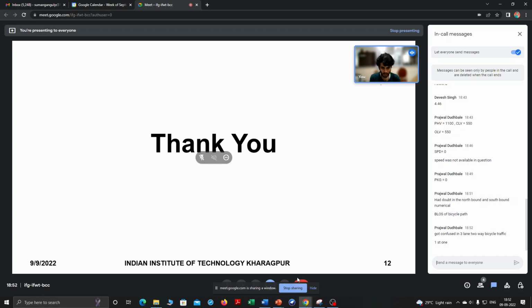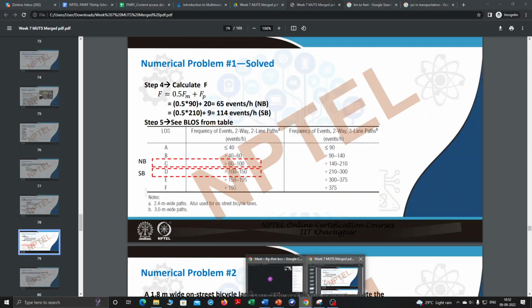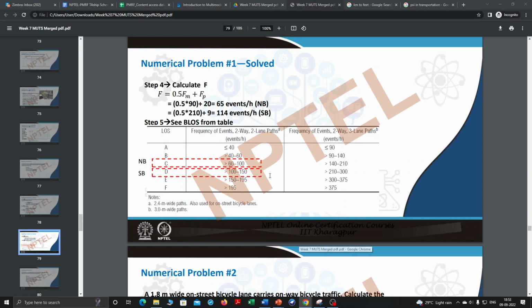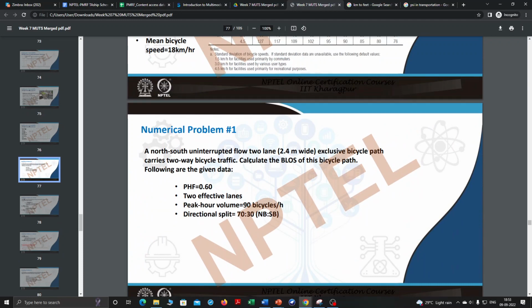Okay. Let me just stop sharing and maybe I will share. Okay, if I have it. Okay, so the question was that you have a 2.4 meter north-south uninterrupted flow lane, right?